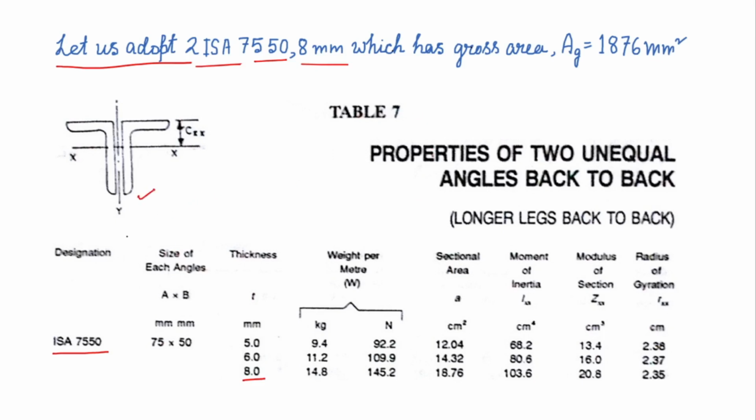So these are two angles which are connected to a gusset plate back to back, and their combined cross-sectional area is 18.76 centimeter square. If you convert to mm square, it will be 1876 mm square.